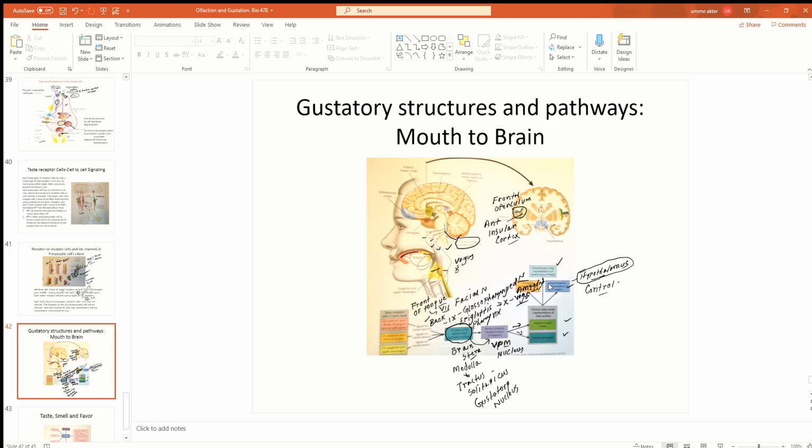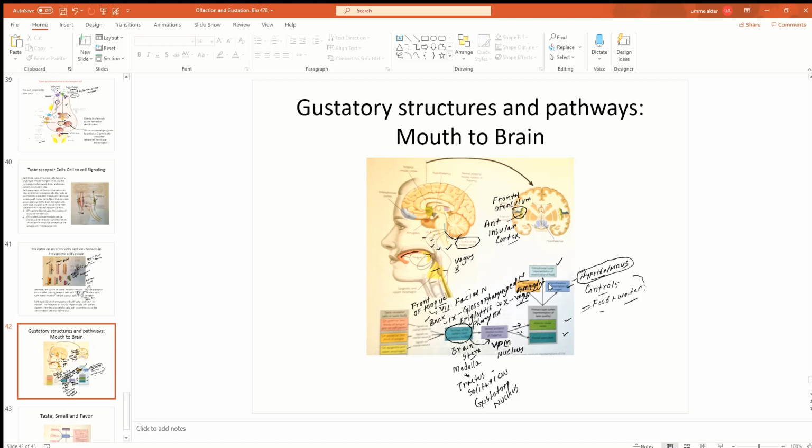So appetite. In case of smell, release of hormone is more important. Here also release of hormone is important, but this is the more important function performed by the hypothalamus here.